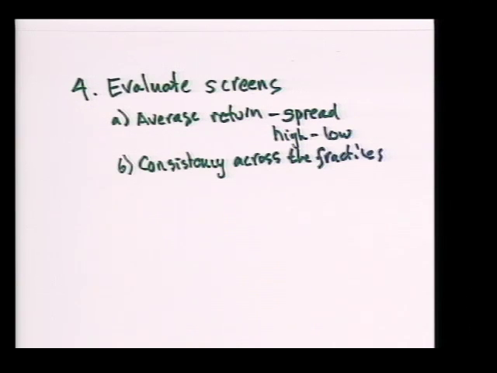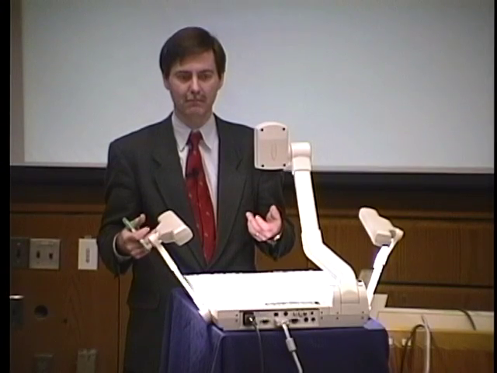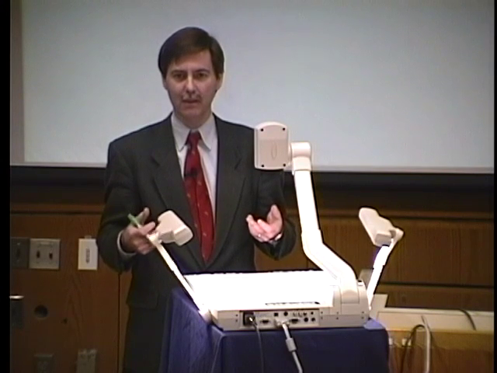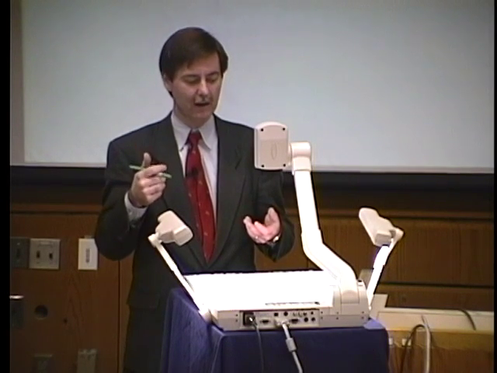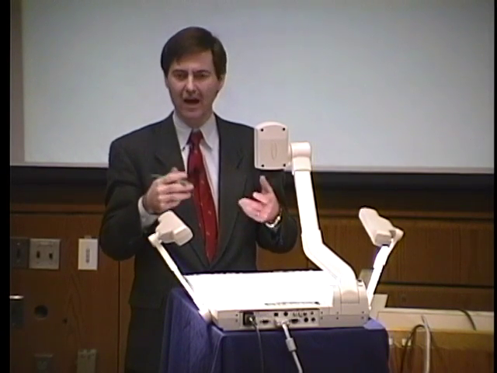So one is high attribute, one is middle attribute, one is low attribute. And I look at the spread, and the spread looks okay. So high attribute's got a higher average return than low attribute. But when I look at it, it turns out that middle attribute has got the highest return. Okay, so you get a pattern where it's not consistent.